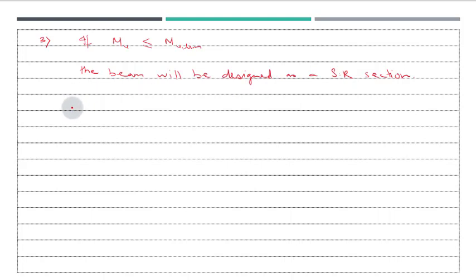Okay, now if you find the applied ultimate moment greater than the limiting moment carrying capacity of the beam, then you will say the beam will be designed as a doubly reinforced section.